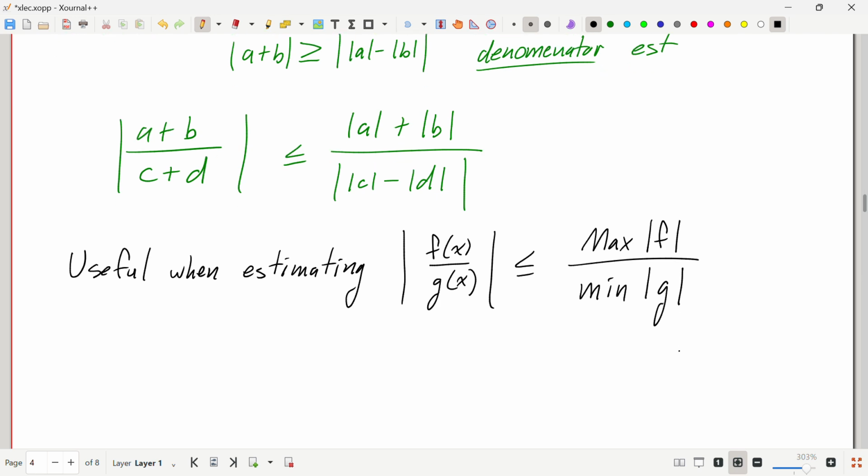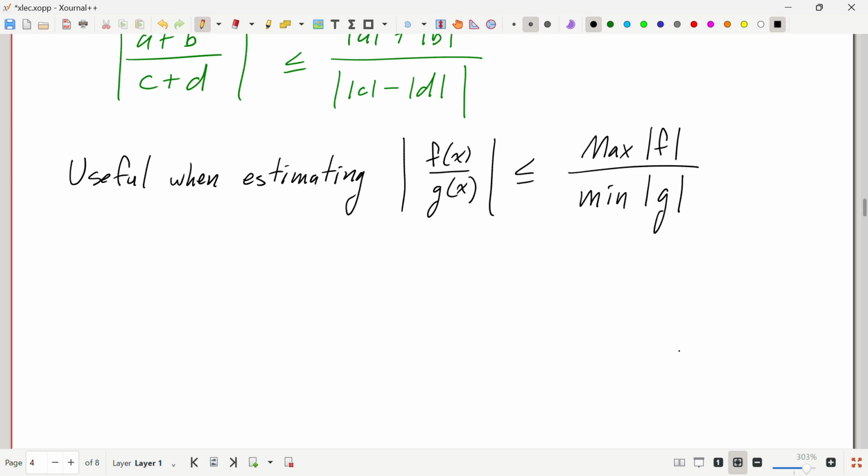Okay. I promised I would mention the word topology today. The beginning of topology is deciding what your open sets are going to be.